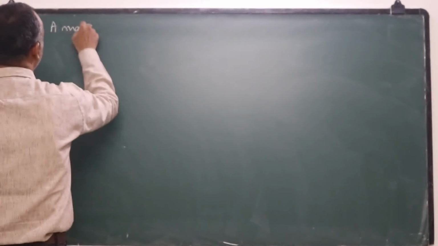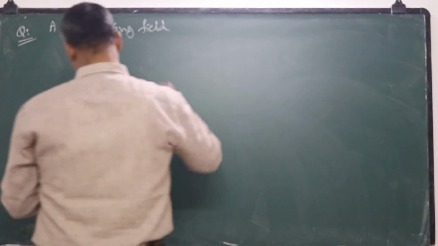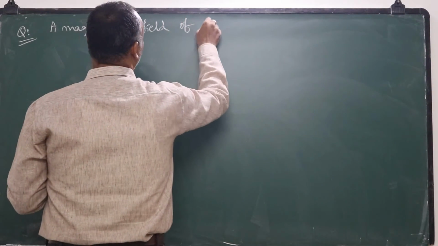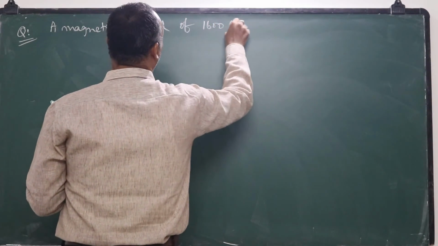A simple question we will see here. The question says: a magnetizing field of 1600 ampere per meter.